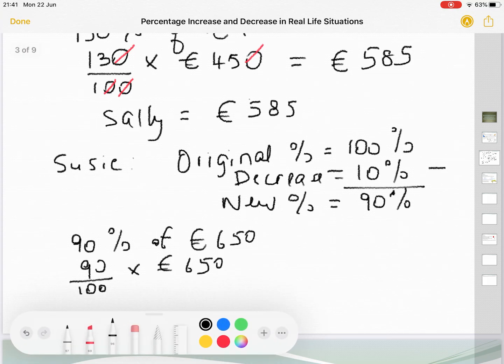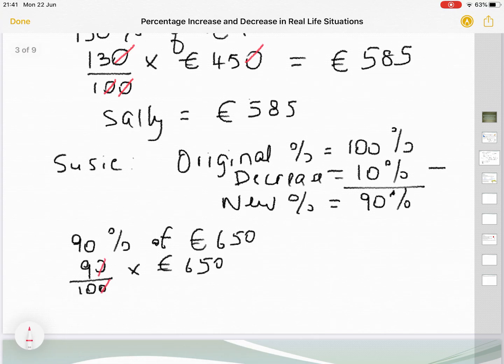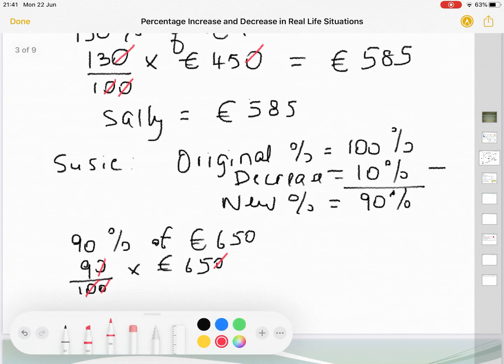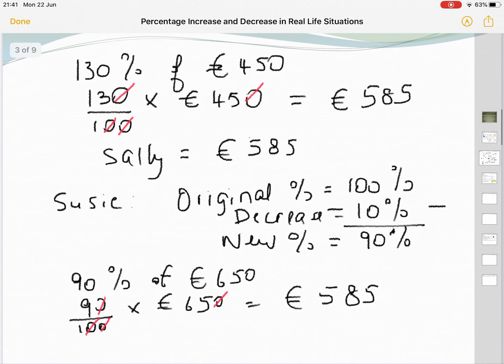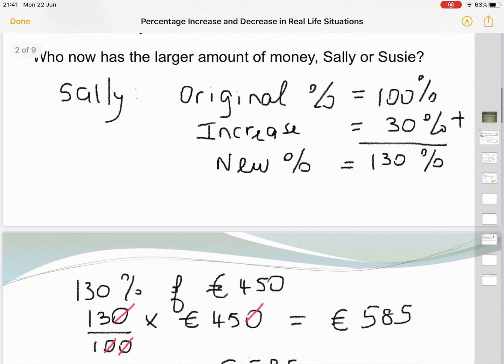I can cancel the 0 of the 90 with the 0 of the 100, the 0 of the 100 with the 65, and if I multiply 65 times 9, the answer is 585. And as you can see, both have the same amount of money.